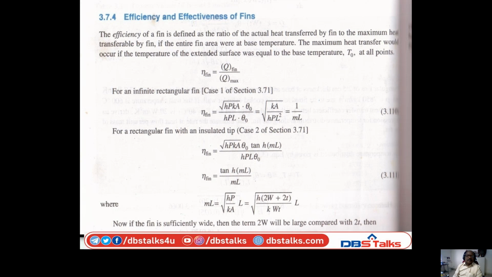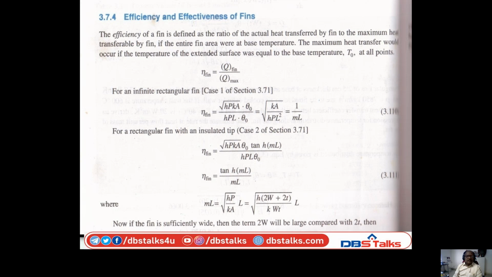If the entire fin area were at base temperature, the maximum heat transfer would occur, that is, if the temperature of the extended surface is equal to the base temperature at all points. Like this, the fin efficiency we can define, as the ratio of actual heat transfer to the maximum heat transfer.